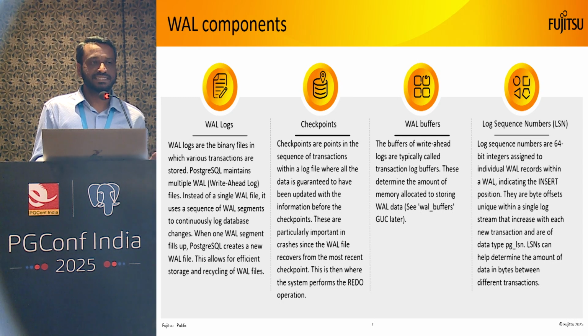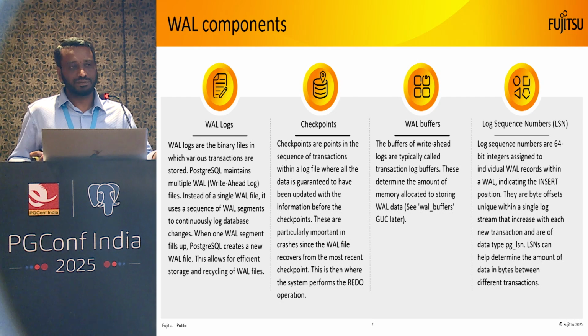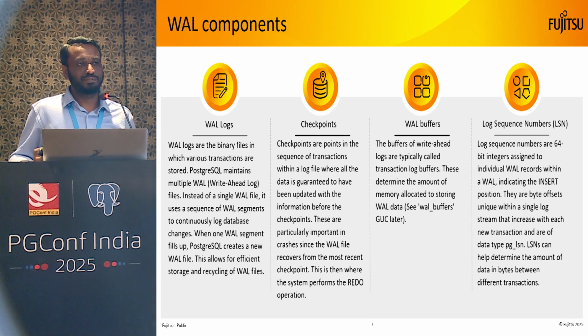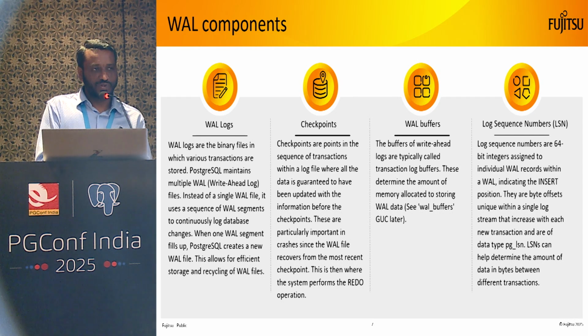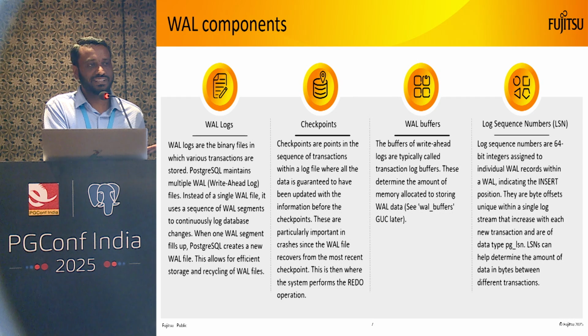Each segment is 16 MB. After one segment is finished, we go to the next segment. We don't write one big file, so that management will be easy. You keep adding sequentially, you can remove the old files when not needed, and reading is also faster with smaller files. So that is about WAL logs.